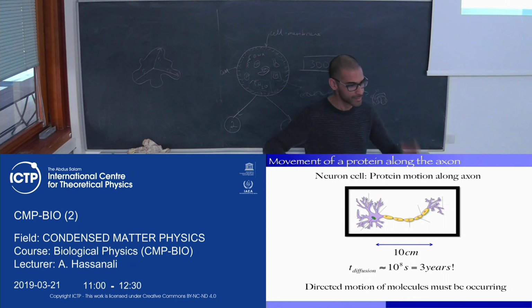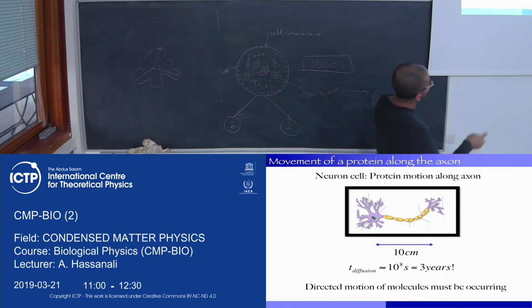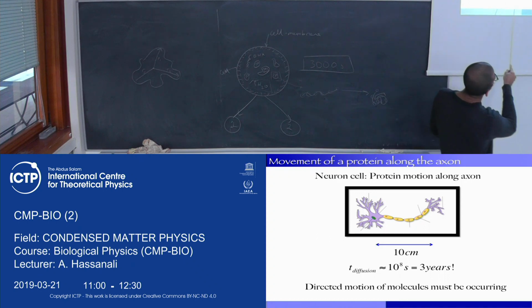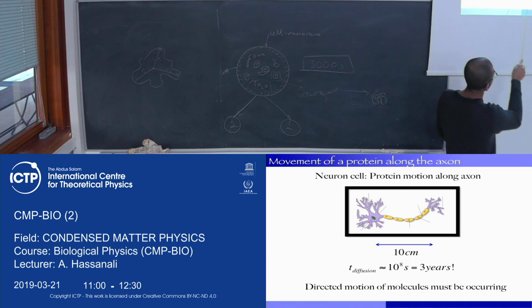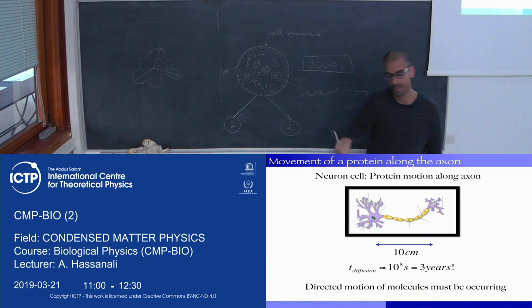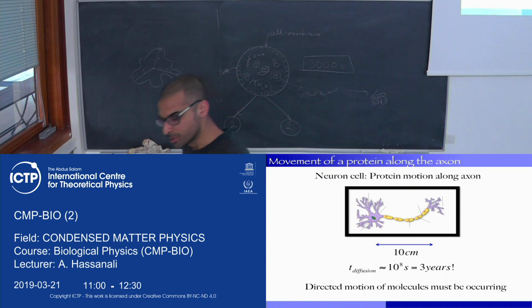I mean, they're very long. So let's imagine this is the axon of the neuron cell, and let's imagine a protein hopping across the neuron cell using the time scale that I invoked from the previous slide.